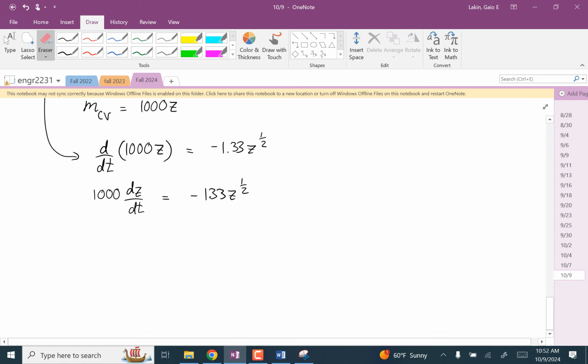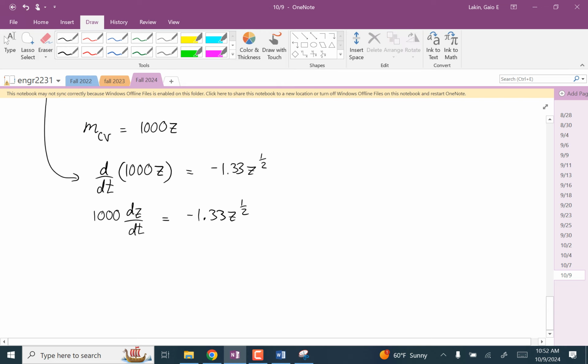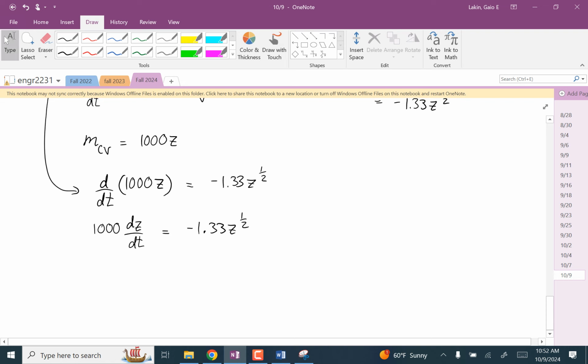This is basically just a calculus question, but when you went from d/dt of 1000z, can you just think of that as pulling the constant out? That's how I thought of it. And then you're just taking the derivative of z with respect to t.